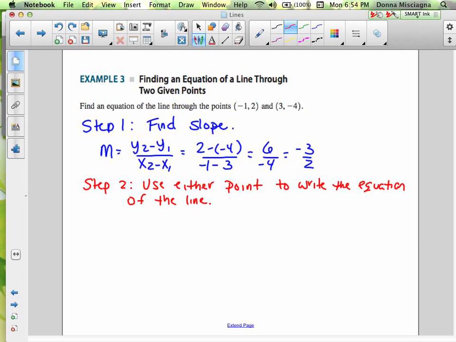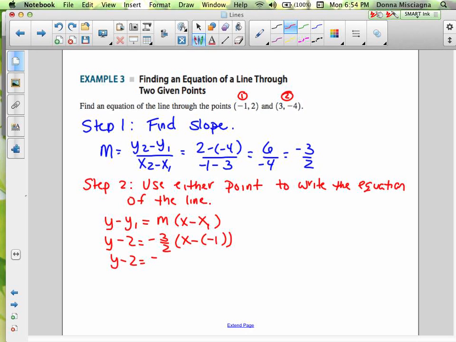And so that means I can write it in this format: y minus y1 equals m times x minus x1. So I could write that as y, if I want to use this first point here, I'm going to use the number 1 there. So that would be y minus 2 equals -3/2 times x minus a -1. Simplify the double negative: y minus 2 equals -3/2 times x plus 1.